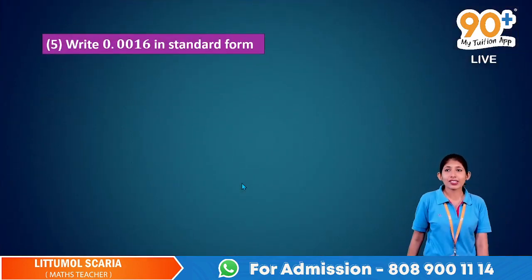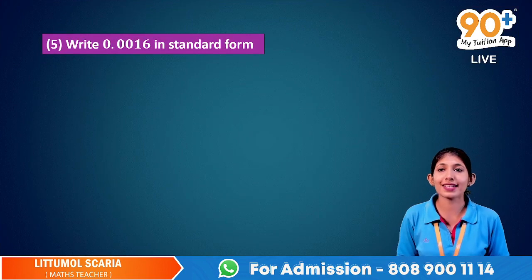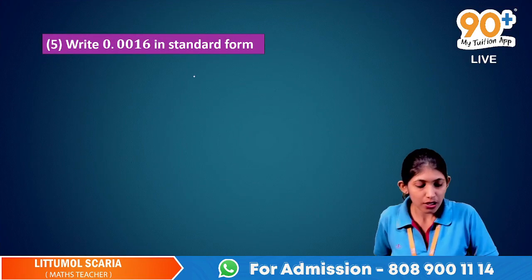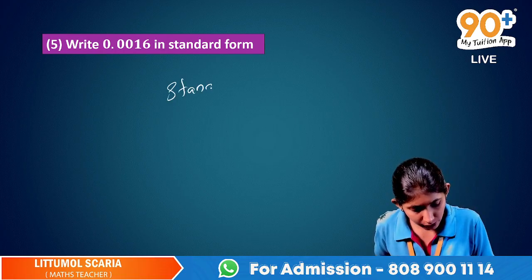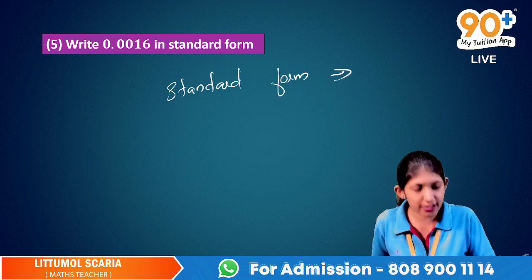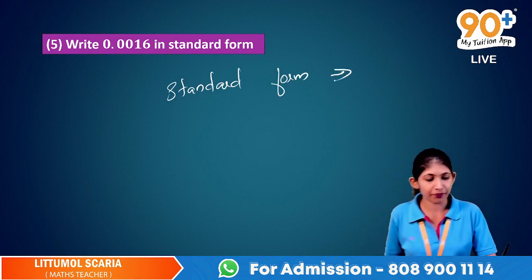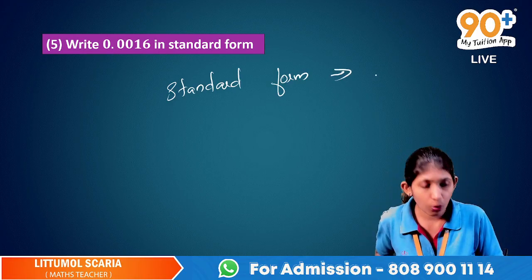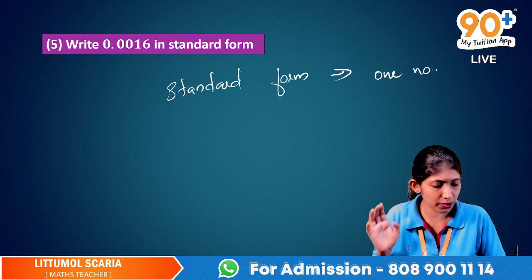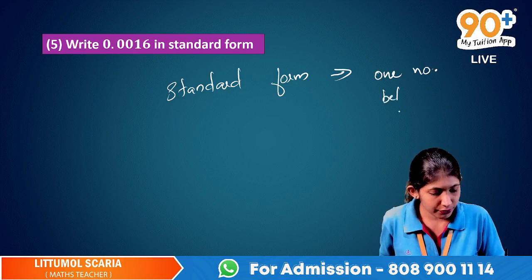Convert or write 0.0016 in standard form. Standard form. So standard form in a main criteria already പറഞ്ഞിട്ടുണ്ടായിരുന്നു. When you are writing in this standard form, first thing to notice is only one number. ഇത് ഇങ്ങനെ എഴുതി വെക്കണ്ട, just keep it in your mind before decimal point.